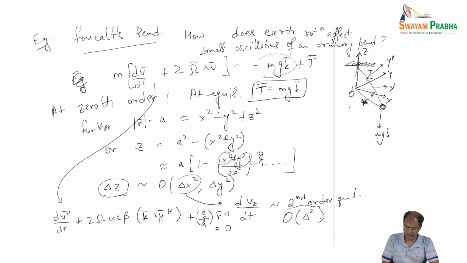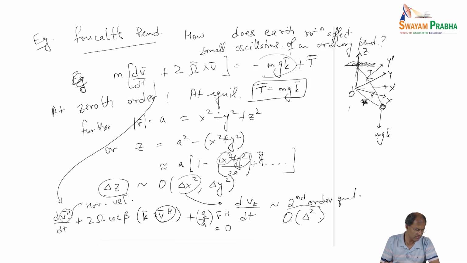So we have neglected the effect of the third dimension, and we are now looking at this equation of motion completely in the horizontal 2D plane, the plane of the motion of the pendulum. Hence we denote the velocity as vh, the horizontal velocity, meaning velocity in the XY plane. The effect of the third dimension is neglected.